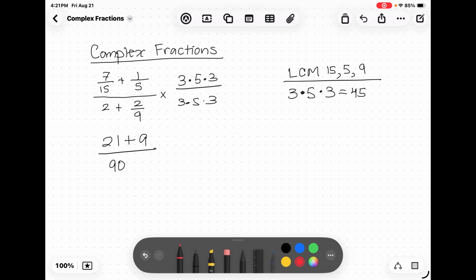And then distributing this to this, the 9 cancels with 3 times 3, leaving a 5 times 2, which is 10. And I've got 30 over 100, which is 3/10.